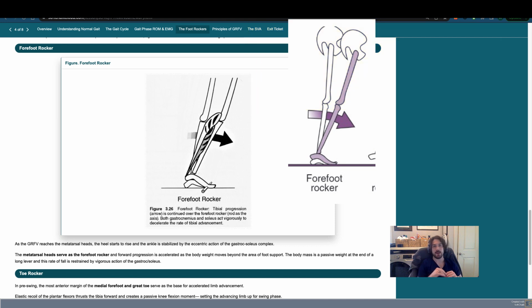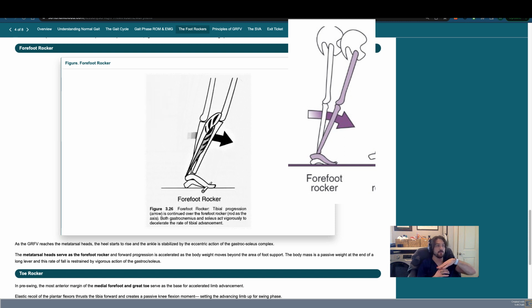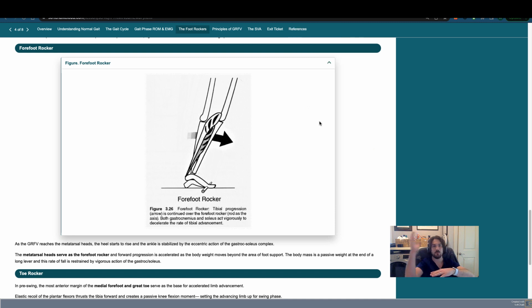As the thigh segment accelerates over the foot segment, our body weight passes over our metatarsal heads, and that causes us to rock over those metatarsal heads, and that's what creates an acceleration rocker. We have the force of our body weight moving forward, and then we're rocking over these metatarsal heads, and that allows us to really efficiently continue to generate forward momentum.